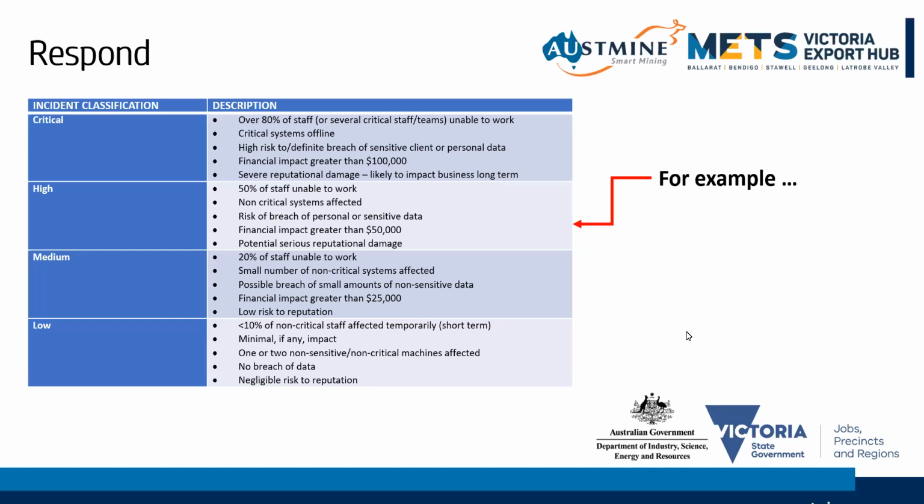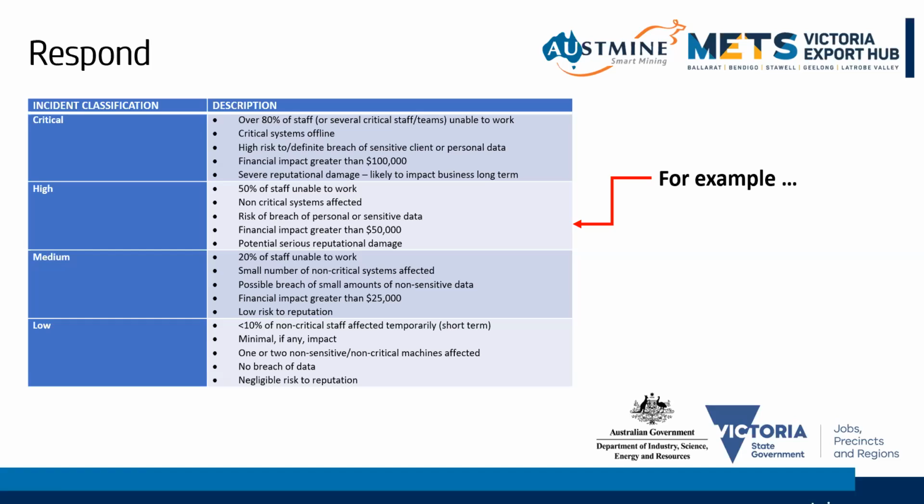Now, looking at some things that you might want to consider when you determine exactly how severe an incident is, we've looked at some things that you can effectively classify, and I've given you 4 incident classification levels here. For your organization, there might only be 2 or 3, depending on the sort of information that you carry and the sort of breaches that you might incur.